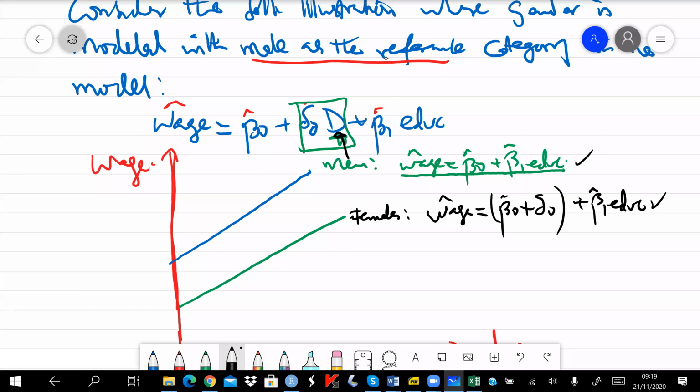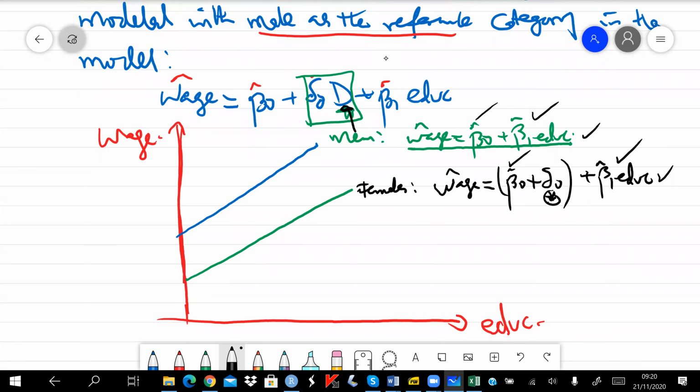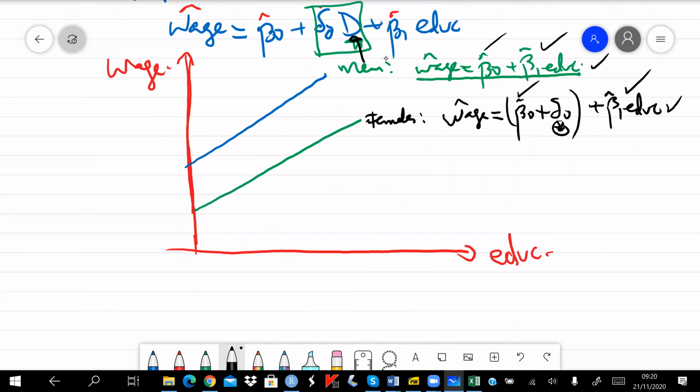The difference between these two models is just this term here, because everything else appears in both. So holding the other factors constant, this will be the difference between the estimated wage of males and females. Okay.